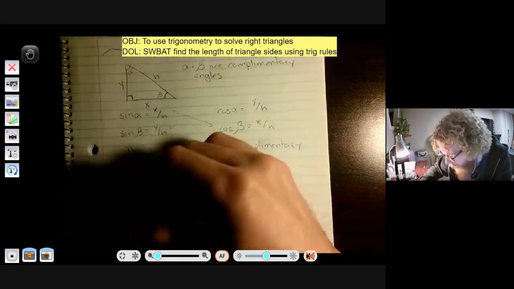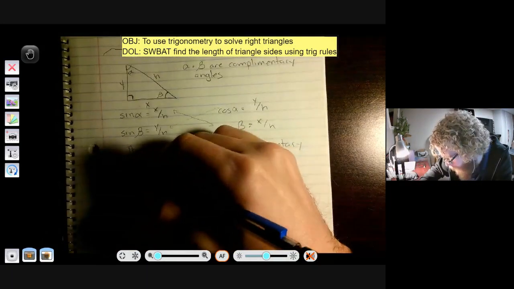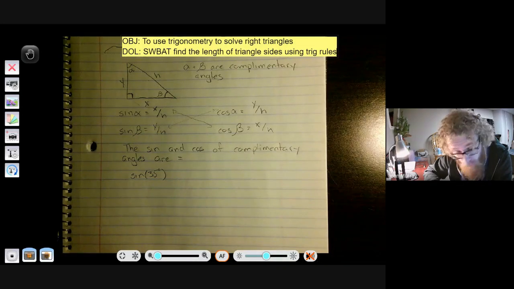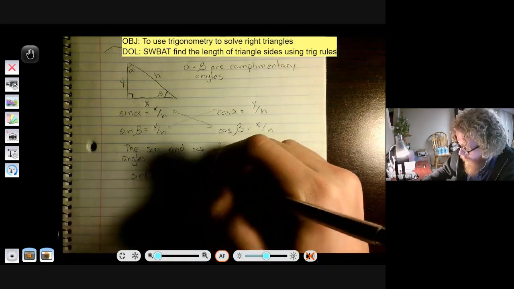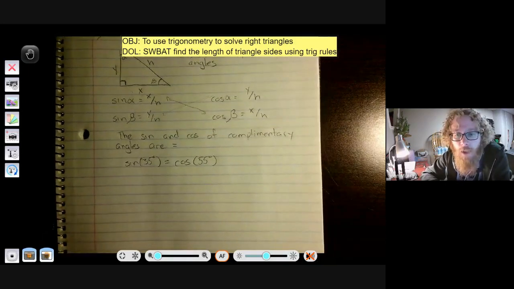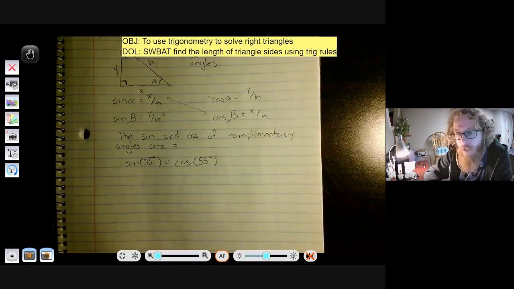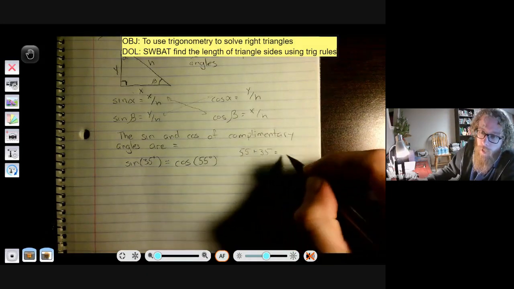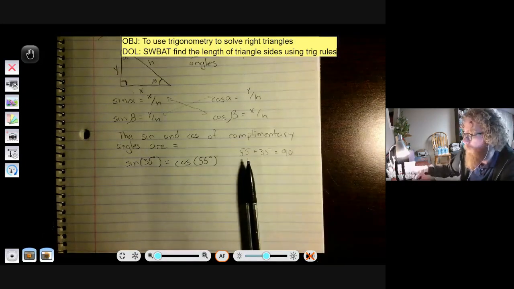So without even calculating anything, if I do the sine of 35 degrees, a complementary angle to 35 degrees would be 55. So the sine of 35 degrees is going to be equal to the cosine of 55 degrees, right? And that's because 55 plus 35 gets us that complementary, right?